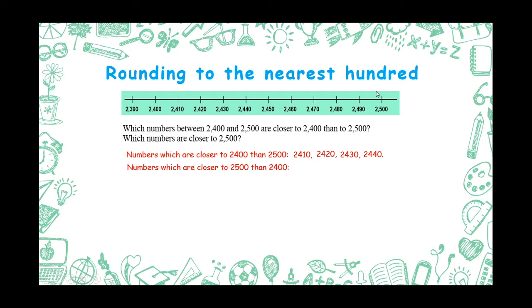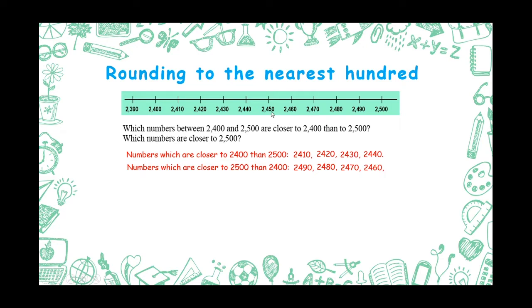So which ones are closer to 2,500? Let's begin. 2,490. Next one. 2,480. Next one. 2,470. Next one. 2,460.